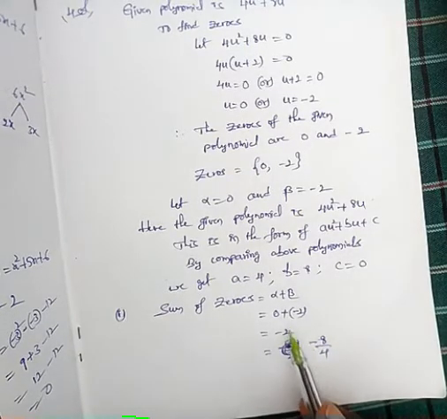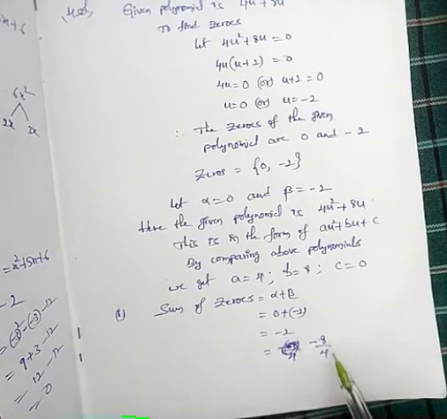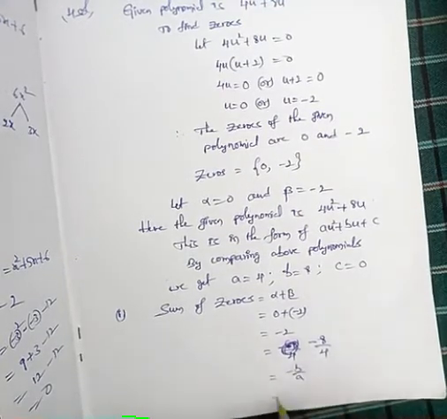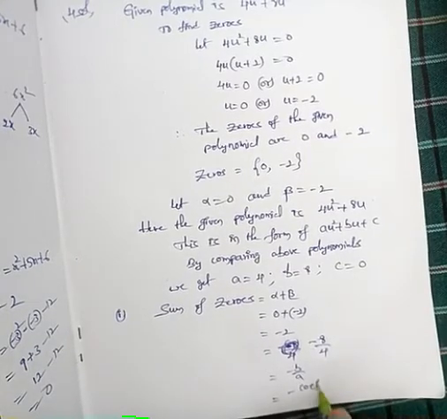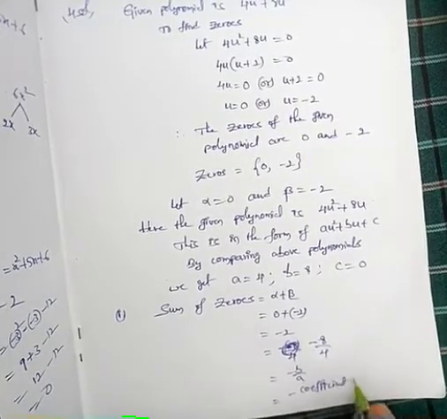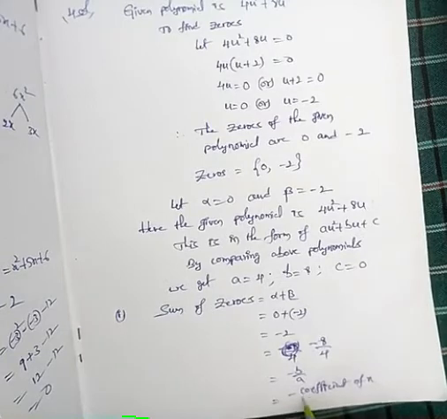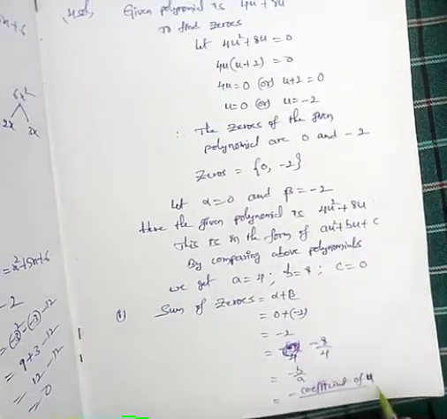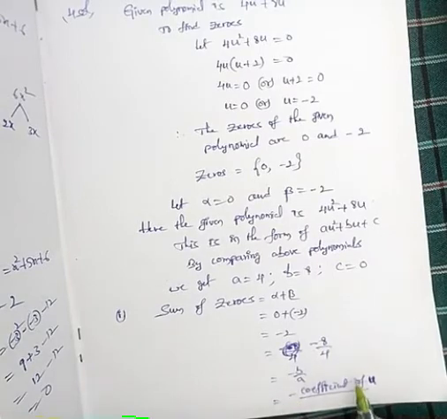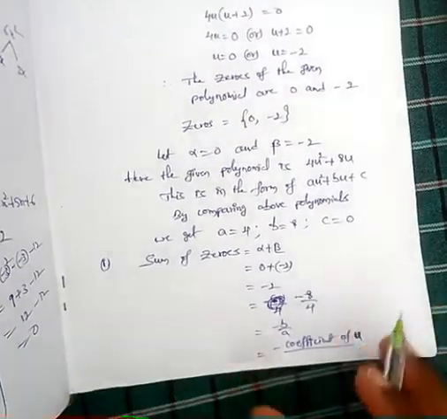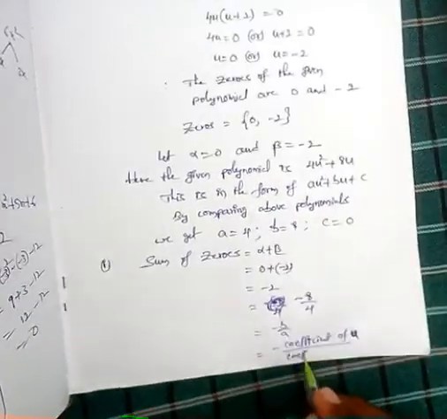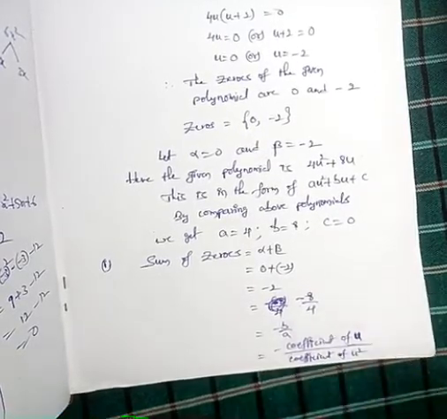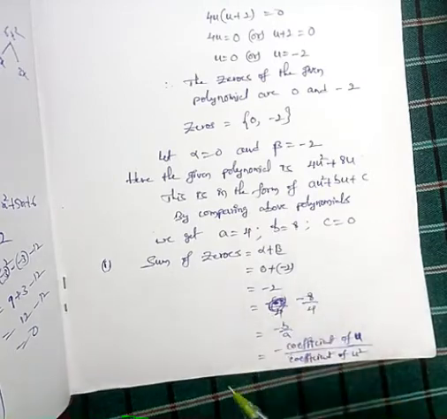That means this is in the form of minus b by a, that is minus coefficient of x by, here the variable is u, that's why don't write x, write u. Minus coefficient of u by coefficient of u square. Hence first relation verified.